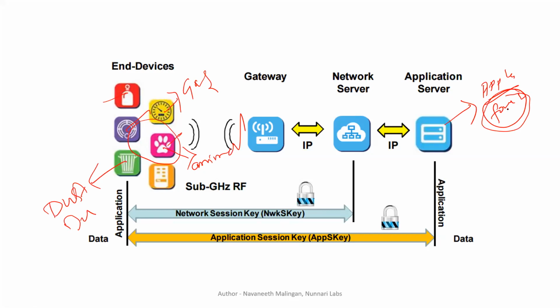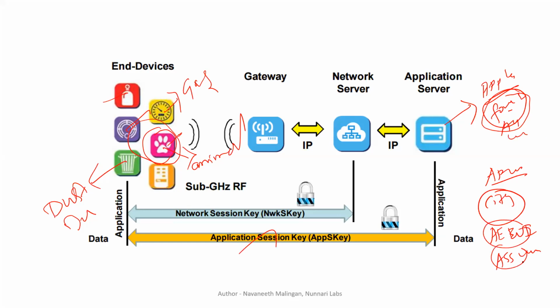Between the forest and the animal tracking device, there will be an app session key, and there will be another application, might be city. This city is a second application. Again, it has its own app UI and its own unique app session key. These app UI and session key are used to connect this smart dustbin or smart electricity meter to this application.